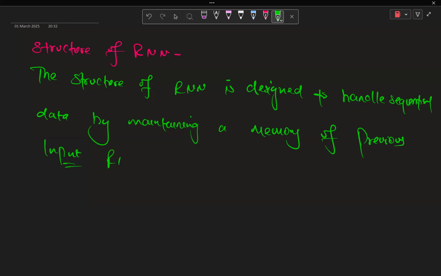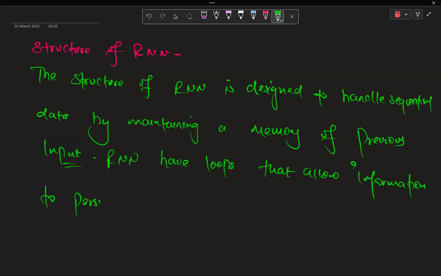So RNNs have loops. It has loops that allow information to persist across time steps.